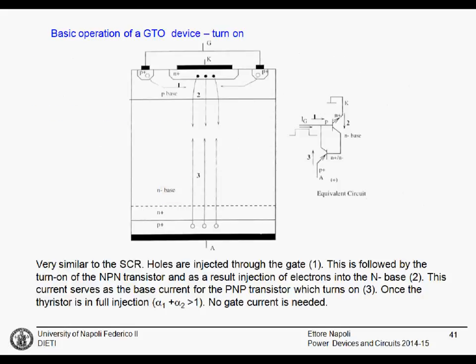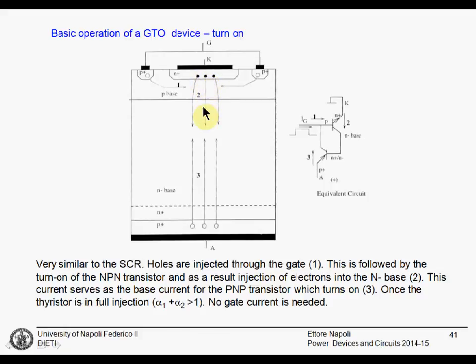Turning on the device is very similar to the SCR. There is an injection of current from the gate. The cathode is at ground voltage and the anode is at higher voltage. This current is made of holes. These holes here are the base current for this NPN transistor. As a consequence, this NPN transistor is on, and the emitter injects electrons into the base.